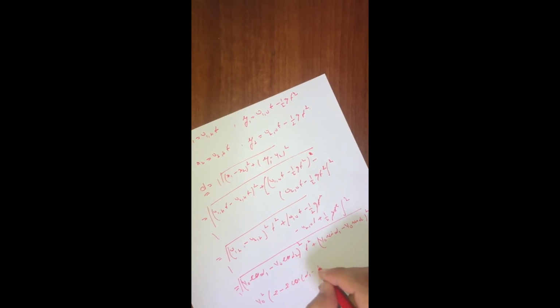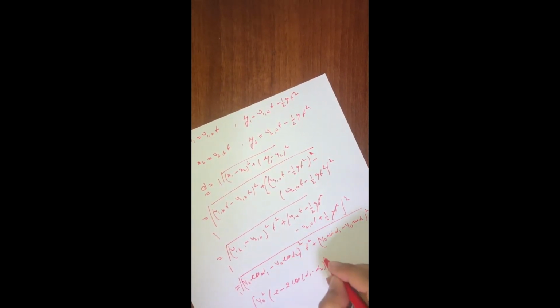If we open this bracket and solve further, we get the square root of V0 square times 2 minus 2 cos of alpha 1 minus alpha 2, times t square.